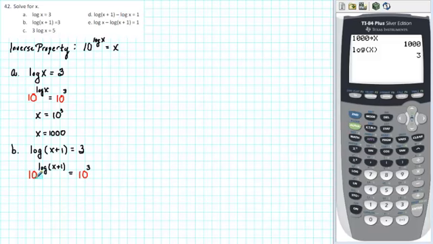On the left side of the equation, the exponentiation base 10 undoes taking the logarithm base 10, and that leaves us with the argument of the logarithm, which is x plus 1. And on the right hand side of the equation, 10 cubed is equal to 1,000.